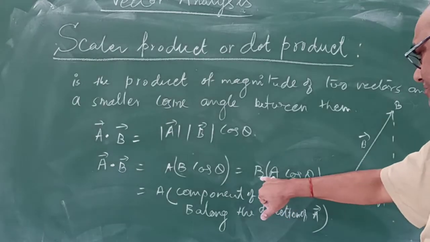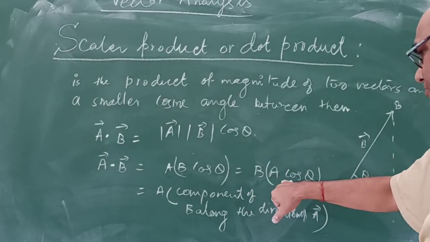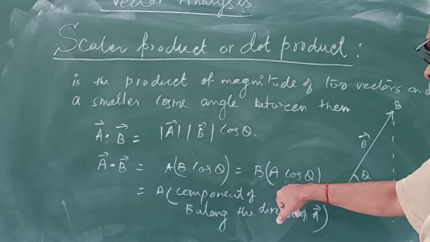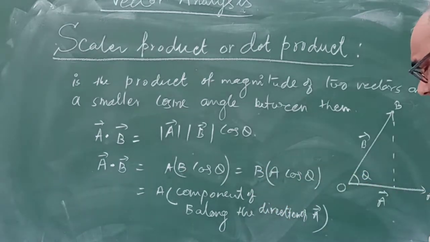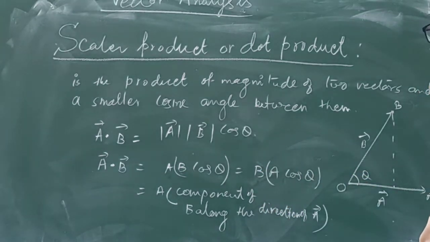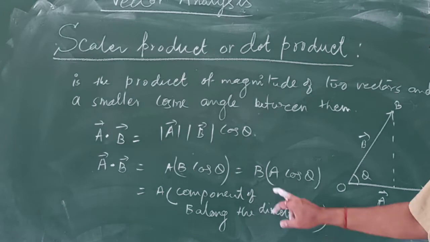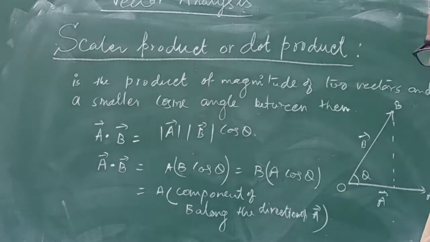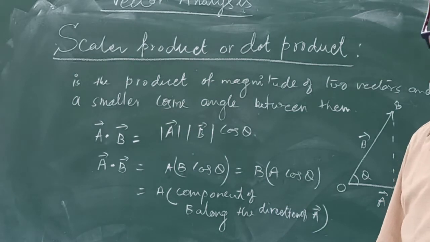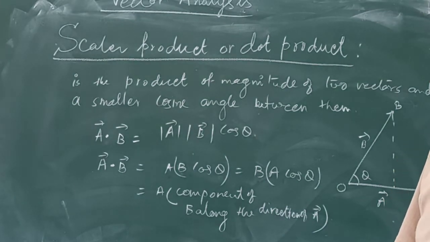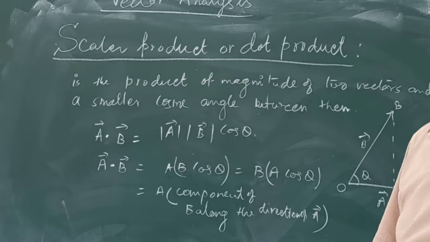Can you hear me? B into the component of vector A along the direction of vector B. Then we can write B into A cos theta.